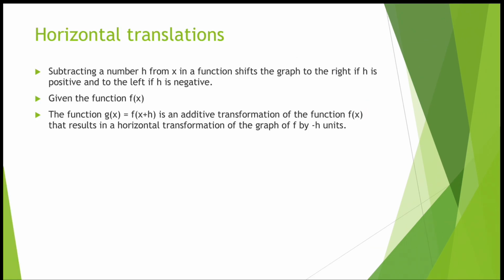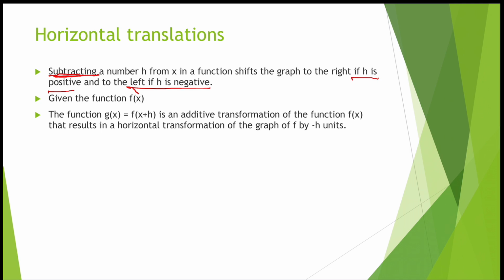Now, if you understood the previous topic quite well, this will not be as hard as it was. We have the horizontal translations, in which instead of moving up and down, the graph now moves from left to right. It says that subtracting a number h, I'm underlining this word, subtracting a number h from x in a function shifts the graph to the right if h is positive and to the left if h is negative.